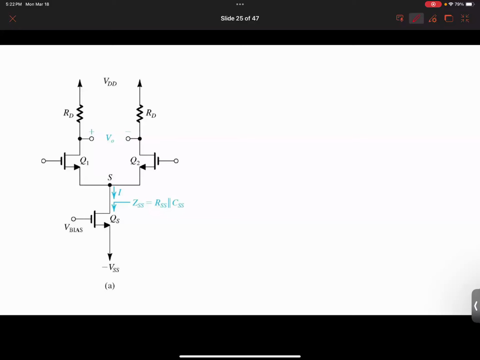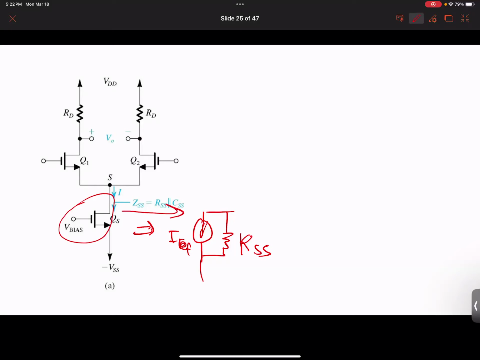And here we use this QS to represent a current mirror. So think of this as a current source. You might say, okay, what's the thing with a current source? Well, this can be written as a current source and a resistance. This resistance is what we call RSS. This is like I reference. So that's really just the difference between this; you can transfer to here.